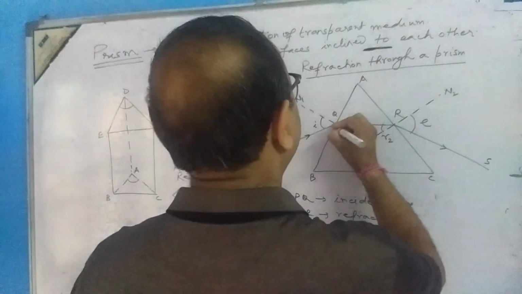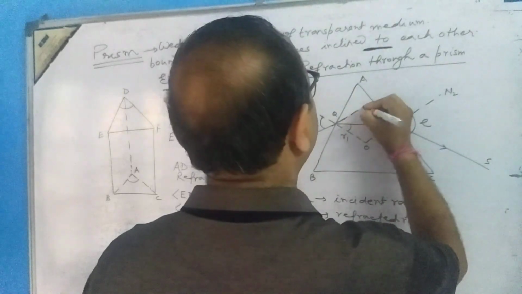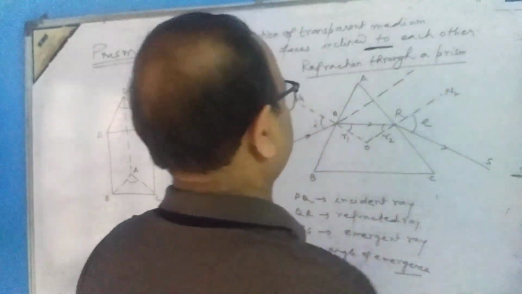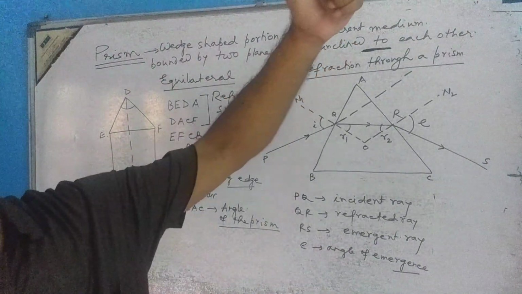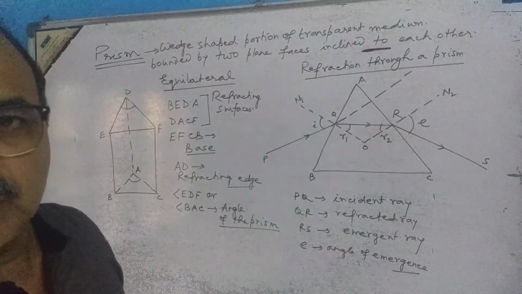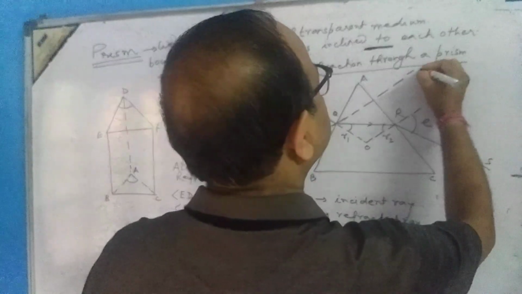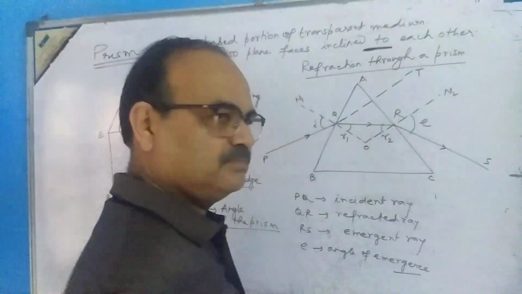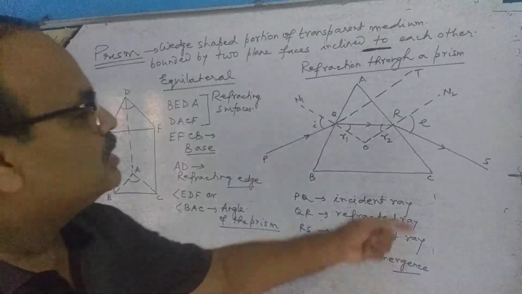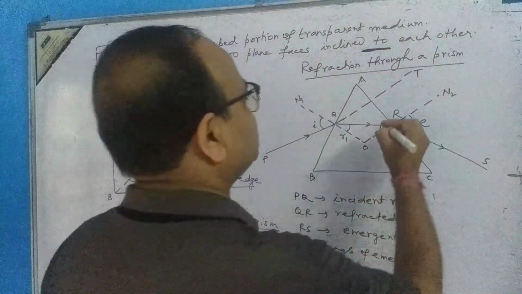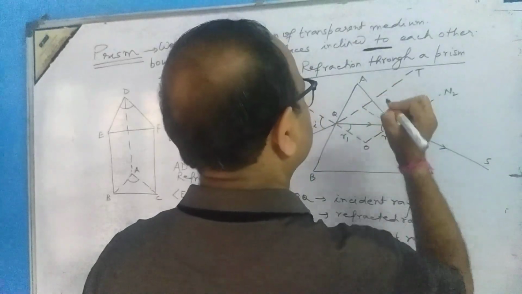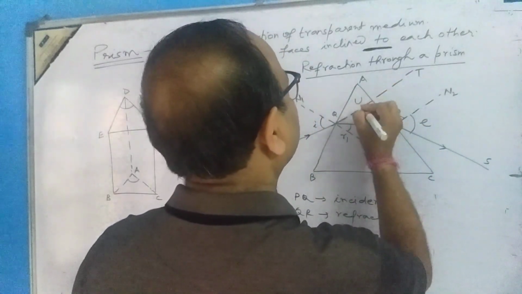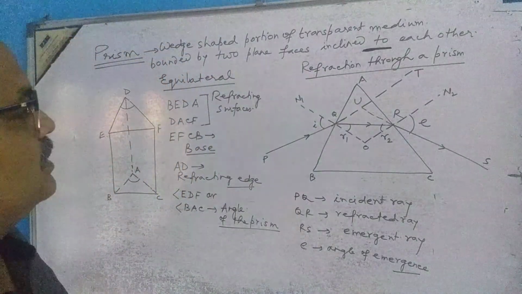Suppose this PQ, the incident ray, is produced in the same direction, up to the point T. And now SR is produced in the backward direction. It is meeting at U, suppose.